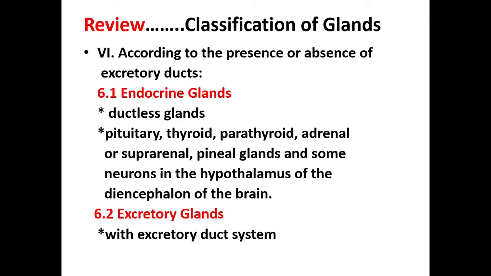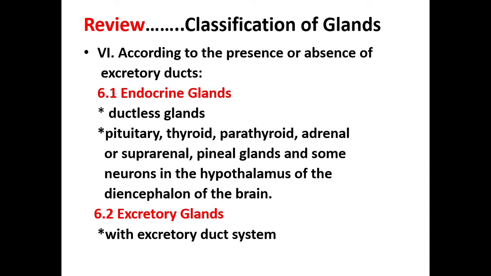The sixth classification is according to the presence or absence of excretory ducts. So we have the endocrine glands and the excretory glands.